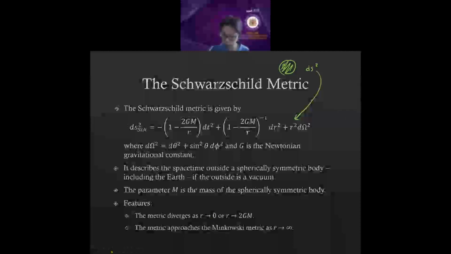So notice this part over here. As r goes to 0, this term is going to go to infinity. So as r goes to 0, we have a problem over here. We would have an infinity as r approaches 0.